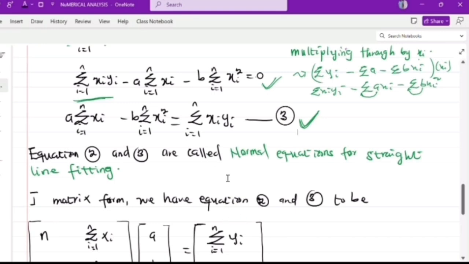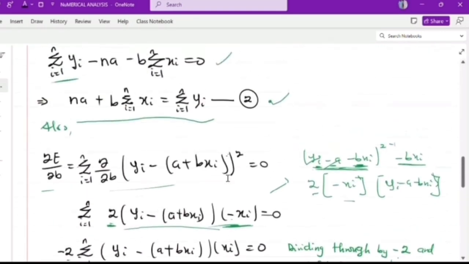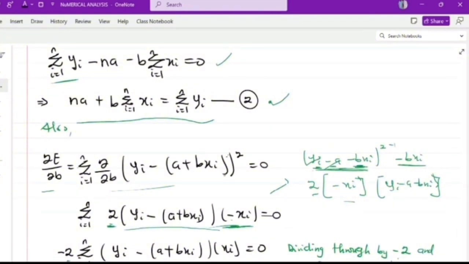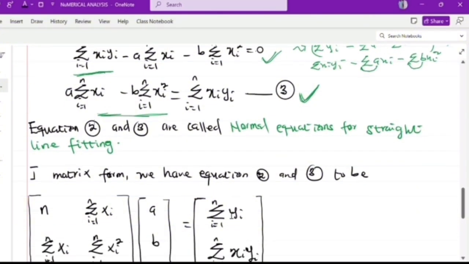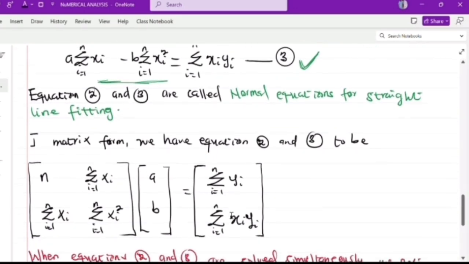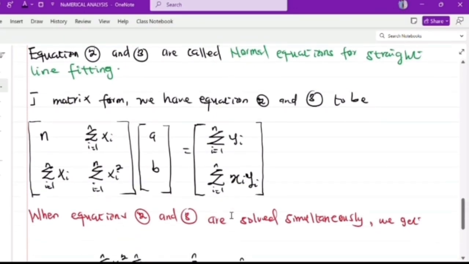So that's our equation 2, and equation 3 here. They are called normal equations for straight line fitting. So equation 2 and equation 3 are called the normal equations for straight line fitting.